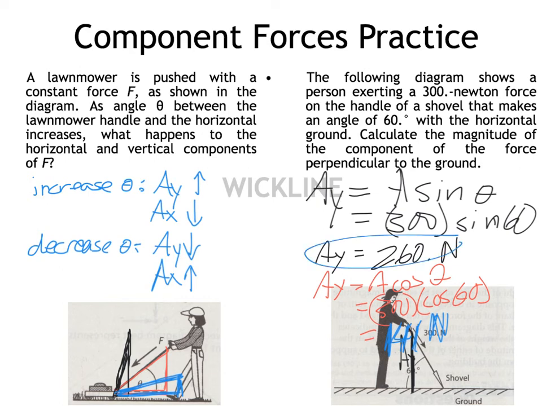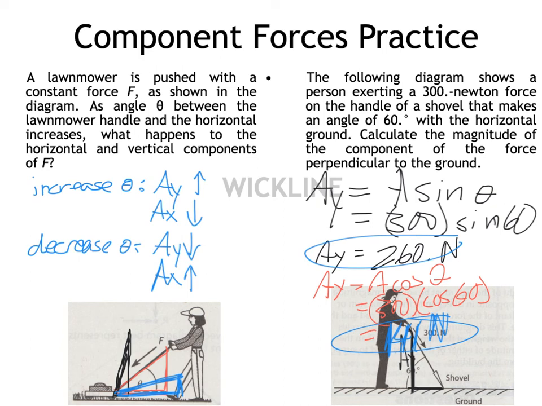And that's okay, because you can see by the angle of 60 that the man is exerting most of his force along the vertical section, which is why AY is 260. And he's really doing a lot less of his force along this horizontal section at the bottom. He's only doing 141.